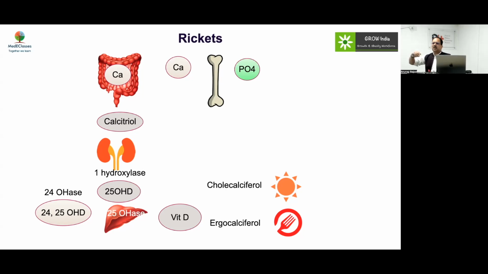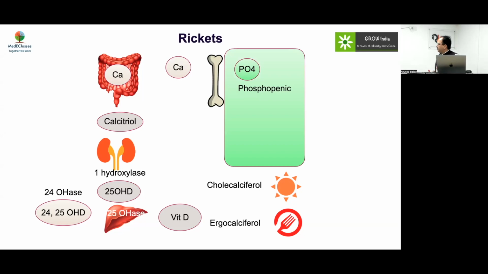If you are deficient in either vitamin D, 25-hydroxylase, 1-alpha hydroxylase, or if you have a problem in the vitamin D receptor, you will develop refractory rickets. There is also an inactivating pathway of 24-hydroxylase, which converts this to an inactive form, and which basically results in decreased action.